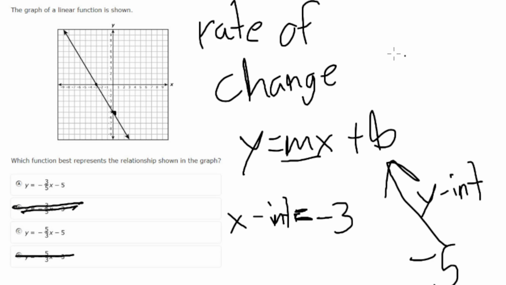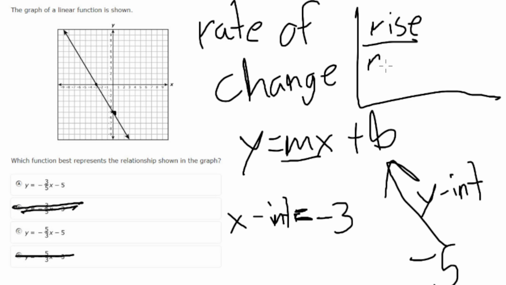But what we have to understand right here is that we have to put it all together. So we have to remember rise over run. The reason it becomes very complicated for some people is because they tend to think about rise as just going up. But right here, we also have to consider rise as the fall of a run.